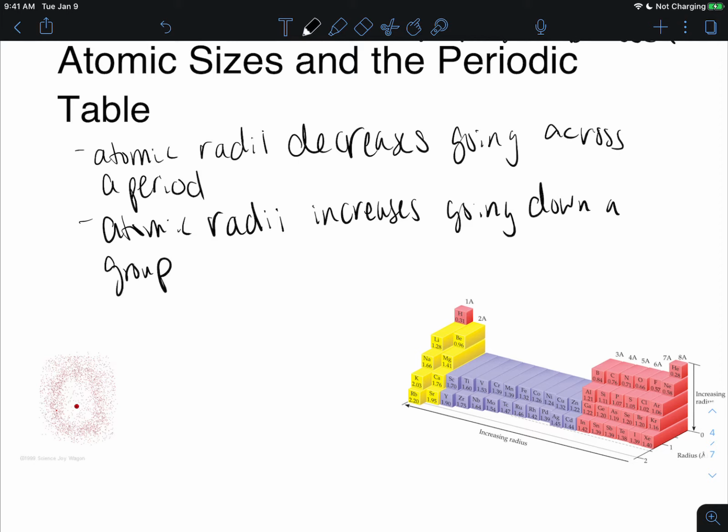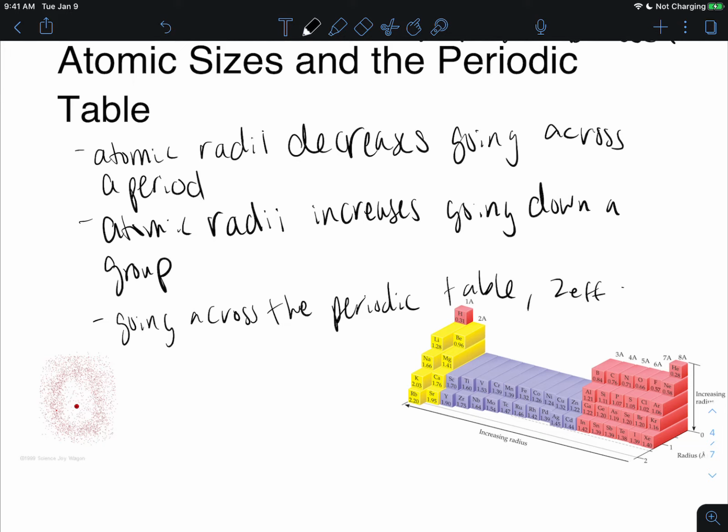So as we go across a period, the thing that's really going to cause that decrease is that increase in our effective nuclear charge. So going across the periodic table, the effective nuclear charge increases. The increased pull of the nucleus is going to pull electrons in tighter.